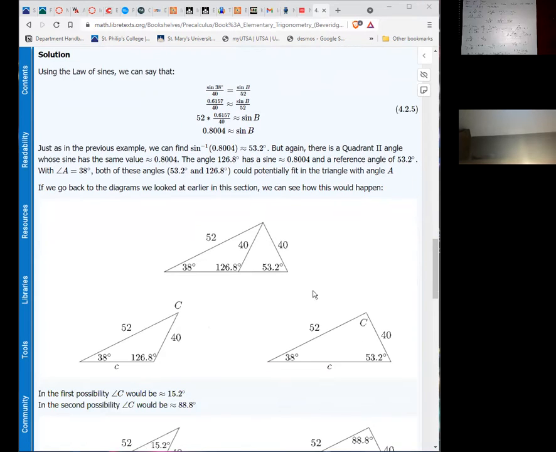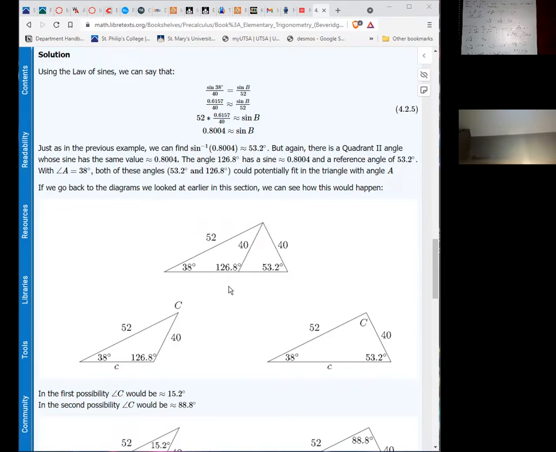And this is the scenario here visually. If we use the 126.8, then that means the angle is closing this way. If we use the other angle, then it sweeps outward to 53.2. So this side of 40 either goes in or out. So this is the two triangles.